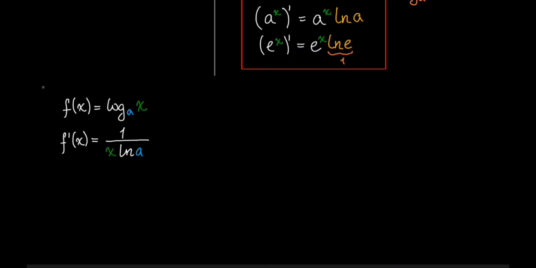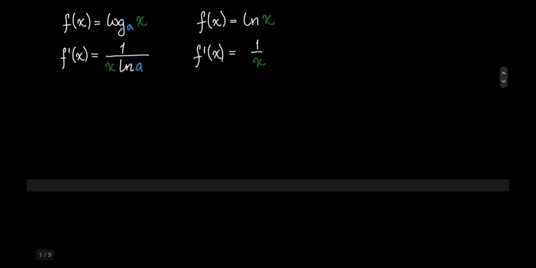However, before I show you why exactly this is true, I would like to discuss the derivative of another important function. And you might have guessed it, it's going to be the natural log of x. Its derivative is simple enough, it's just 1 over x. And here I'd like to show you why exactly this is true.